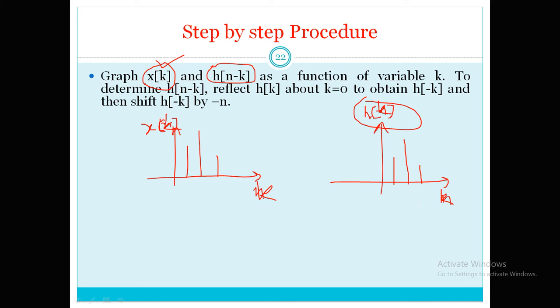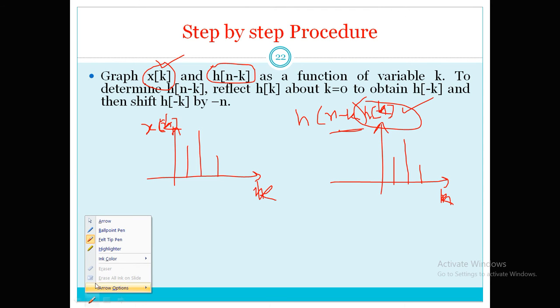The signal is the same up to h of k, but I don't want h of k, I want h of n minus k. So how can I do this? This part will be explained now.